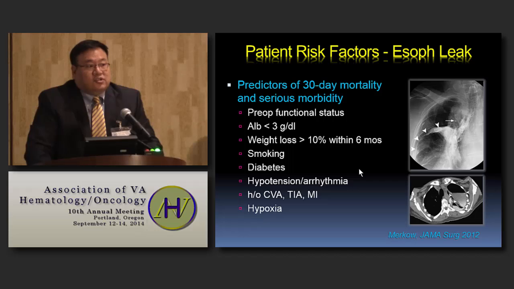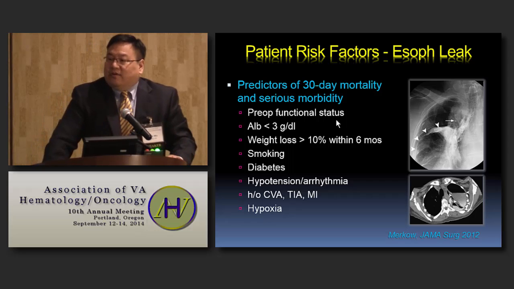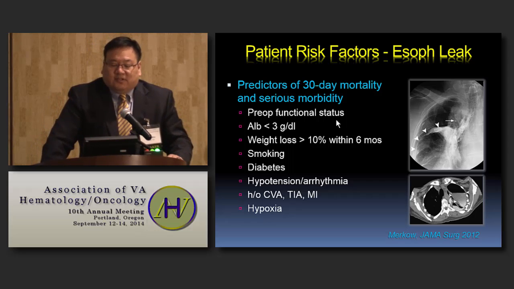The American College of Surgeons has actually adopted this with the success at the VA, and over 164 centers were used and defined these predictors of 30-day mortality or serious complications. These include decline in functional status, albumin less than 3, greater than 10% weight loss in 6 months before surgery, smoking, diabetes, hypotension, arrhythmia, history of stroke, MI, or hypoxia.